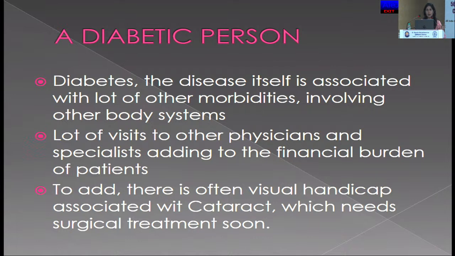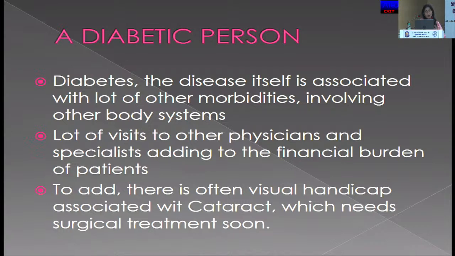Now, theory apart, if we see a diabetic patient and think about his profile, the disease itself is associated with a lot of other comorbidities involving other body systems. He has to pay lots of visits to other physicians, specialists, not even ophthalmologists, but other specialists also. There is financial burden to the patient, family, and everyone around him.